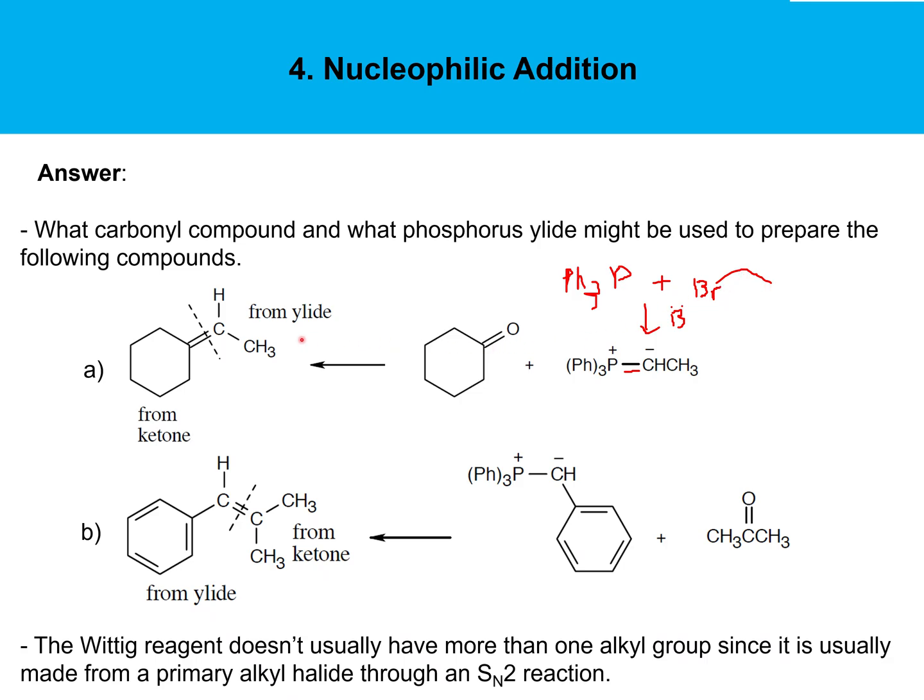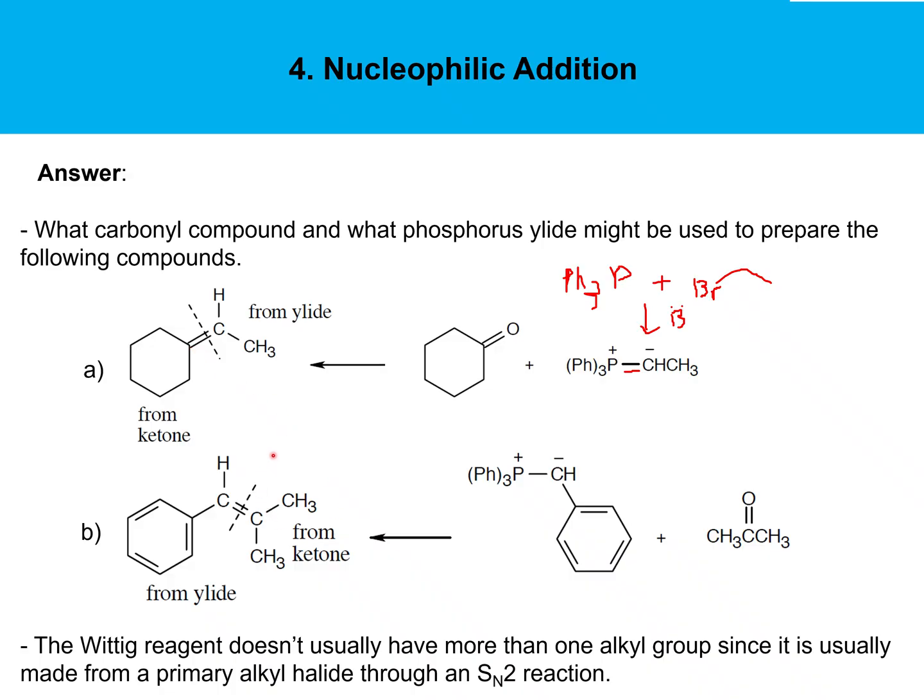So for that reason, in order to make this alkene, we would want to use this particular Wittig reagent and this particular ketone, as opposed to breaking the double bond the other way, where this becomes the ketone and this becomes the alkyl halide. That would make the alkyl halide a secondary alkyl halide, plus it is part of a cyclohexane ring, which is not helpful for the SN2 reaction.